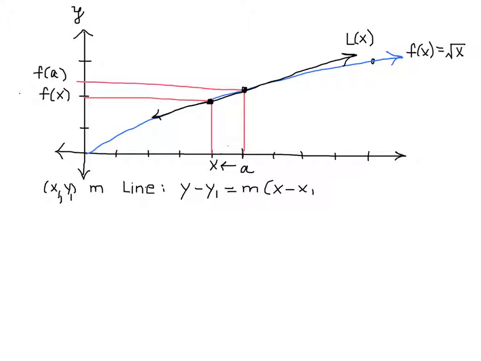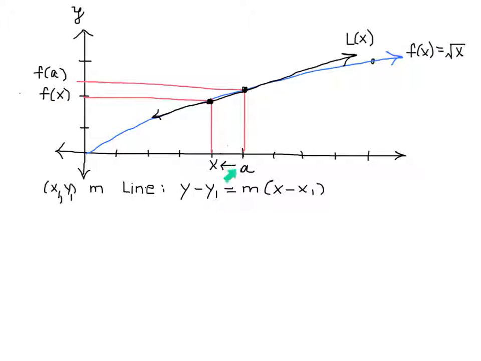So y minus our y1 is equal to the slope times x minus our x1. Now this is algebra, right? That's the equation for a line given the slope and a point, okay? So if we look at this, we actually have the slope and the point. Our point, well, we're not going to use f of x, because when we talk about the x and the f of x, x is representing our entire domain, our independent variable, and f of x represents our entire range, okay?